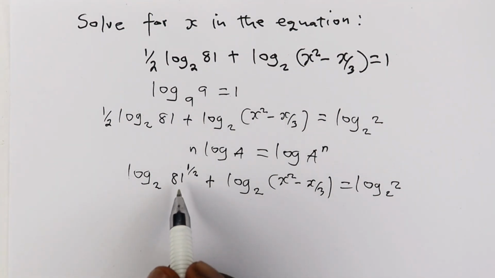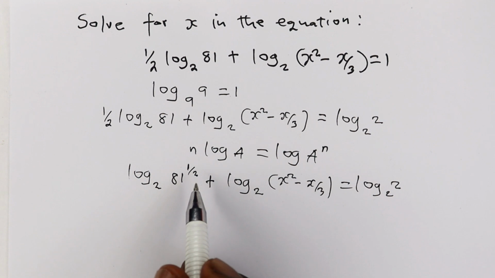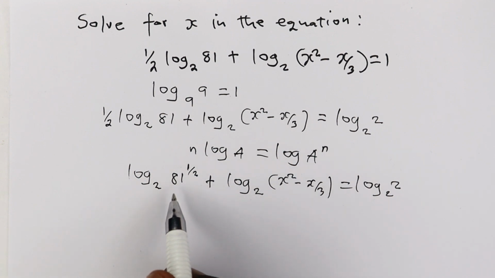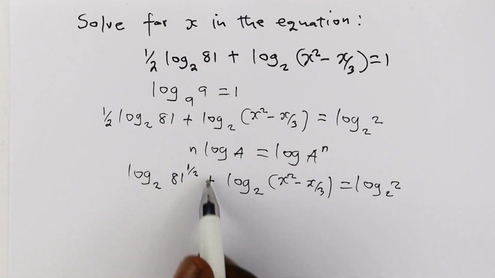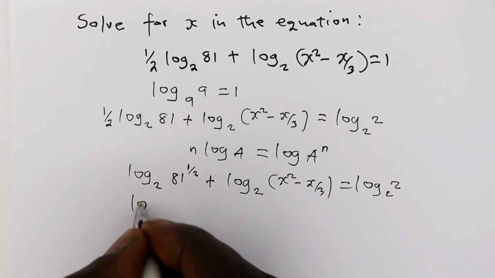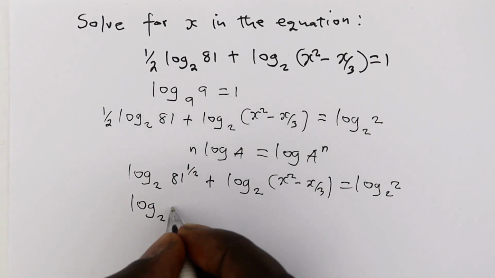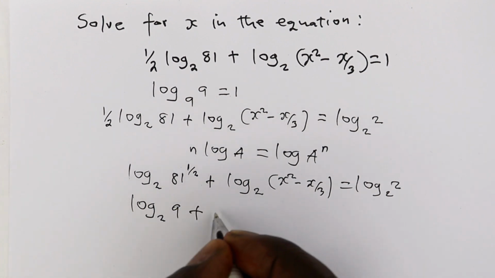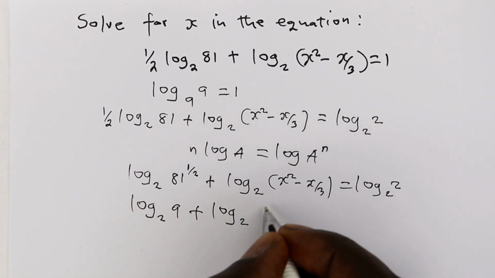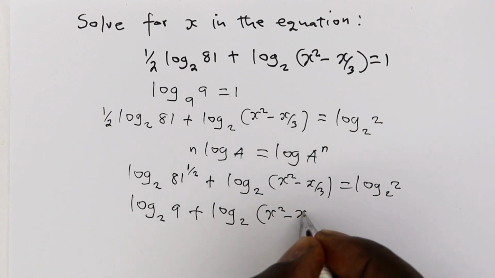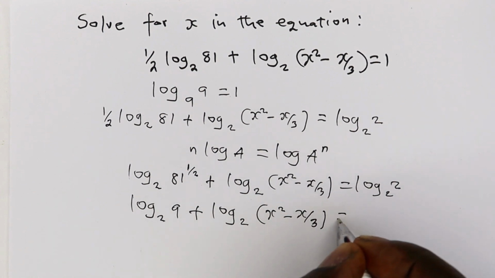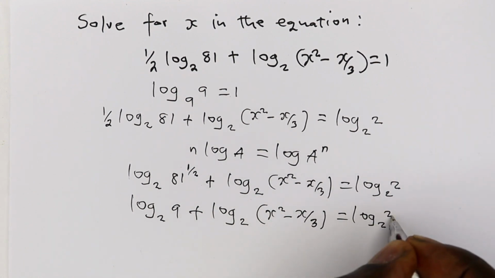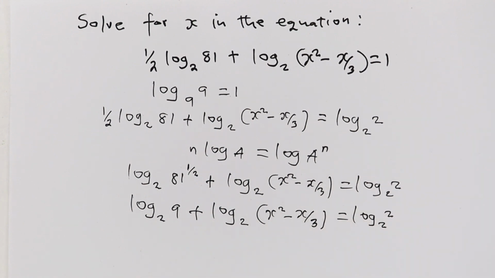When a number is raised to half, it's the same as getting the square root of that number. So this number is just 9. So we have log to base 2 of 9 plus log to base 2 of (x squared minus x over 3) is equal to log to base 2 of 2.